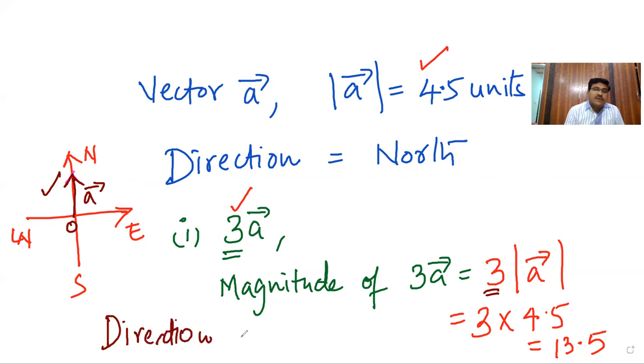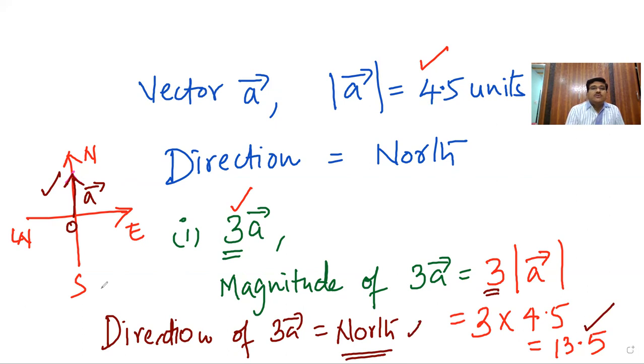Direction of 3A bar is north. So magnitude is 13.5 units. Direction is also north. Since it is a positive number, 3A is also showing the same north only. Here I am sideways writing this parallelly.